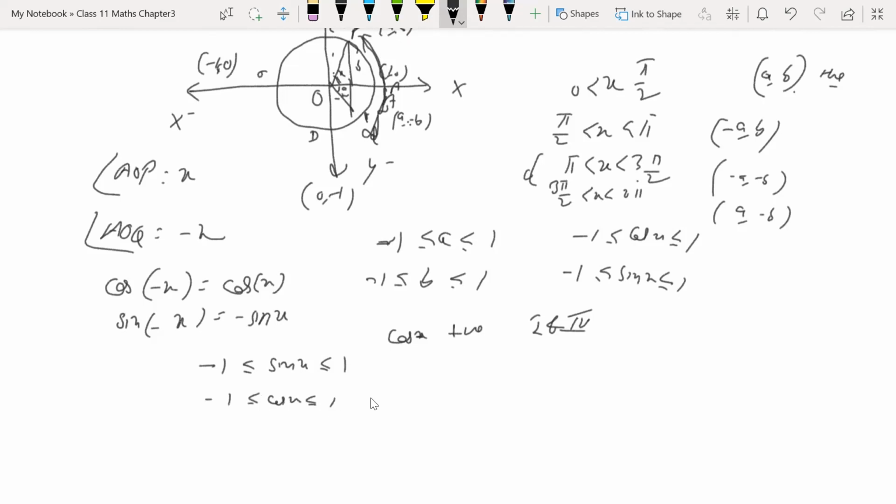The domain of y equal to sine x and of y equal to cos x is the set of all real numbers, and the range is the interval -1 to 1.